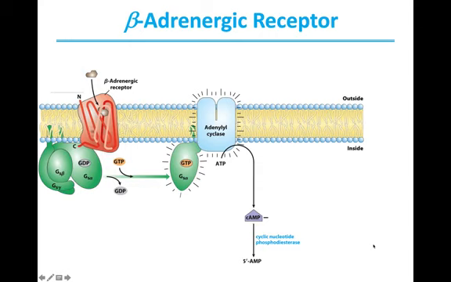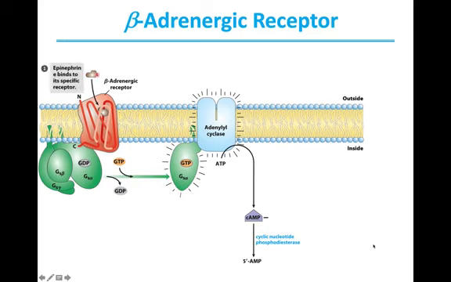Like all G-protein coupled receptors, the beta adrenergic receptor is an integral protein with 7 hydrophobic helical regions, and these hydrophobic helical regions span the plasma membrane 7 times. And thus, G-protein coupled receptors are also called heptahelical receptors.